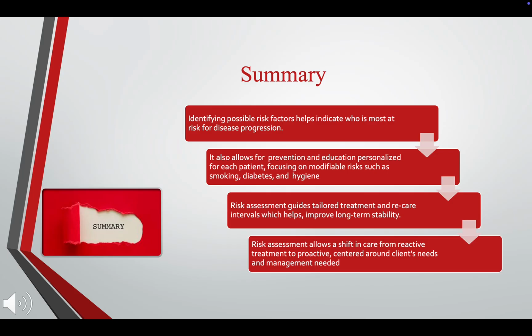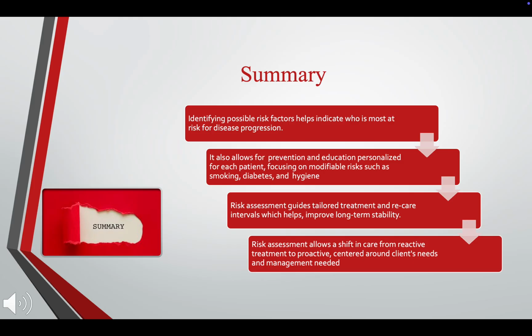To summarize, our main question was, how can identifying risk factors change the way we prevent and manage periodontal disease? The answer is that identifying risk factors helps us determine who is most at risk for disease progression by looking at both modifiable factors like smoking, diabetes, and oral hygiene, and non-modifiable ones like age and genetics. We can design personalized prevention strategies and patient education.